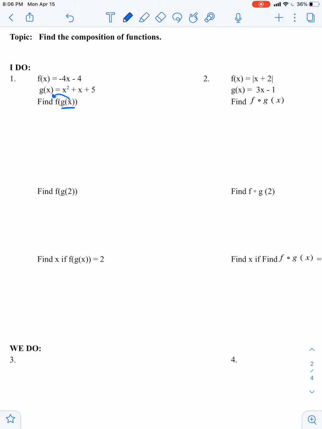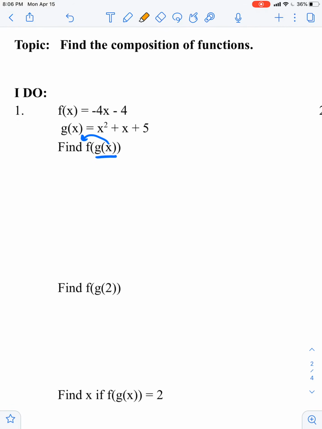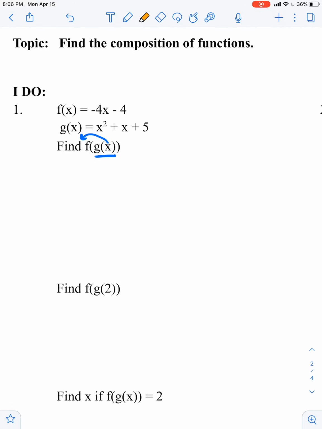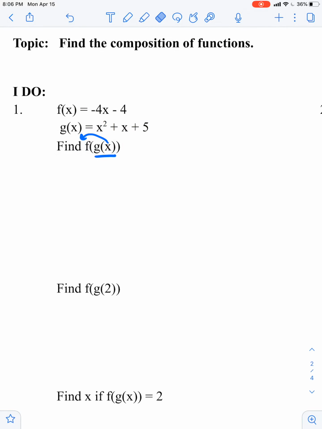And so one of the things that I'd like to do, and I think it's a good plan, is we're going to take this here, and we're going to put it right there. If you have a highlighter, I really think that is a good thing to do, to highlight what you're going to do.